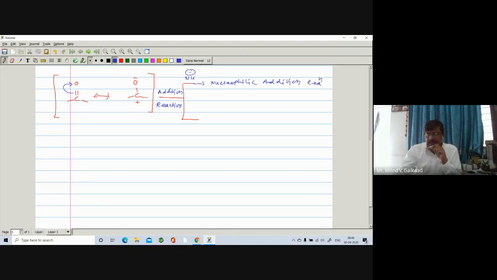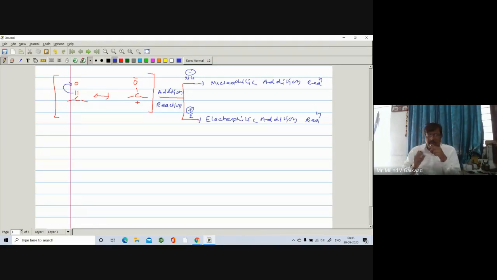And if the electrophile attacks first, meaning it attacks on the oxygen, then it gives an electrophilic addition reaction. So this carbonyl compound can undergo both nucleophilic addition reaction and also electrophilic addition reaction.